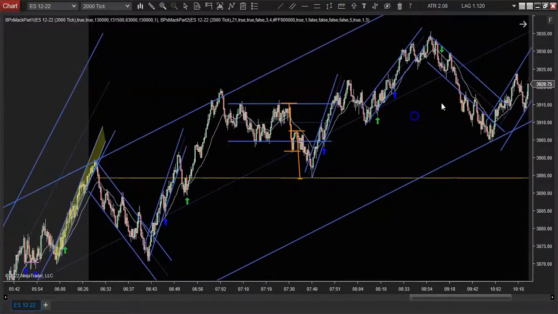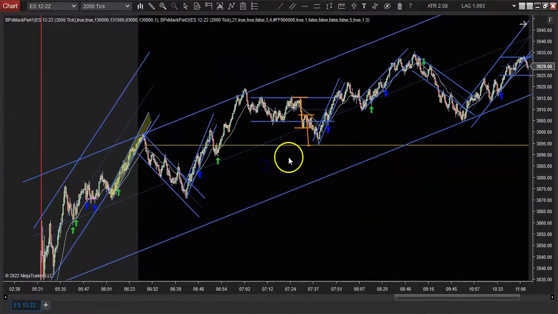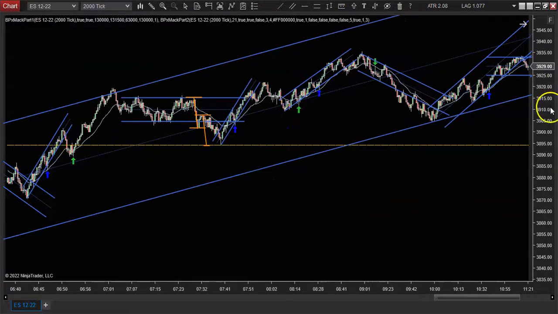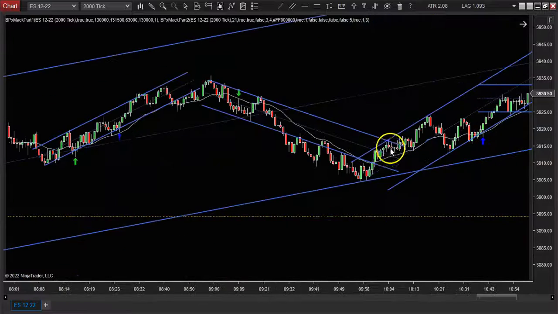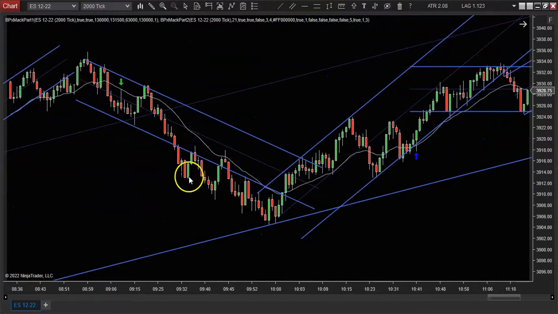And at this point, you know, maybe you try that. I don't know. I marked it green because it's counter trend. But that looks like a failure to me. And who knows if this is the channel.